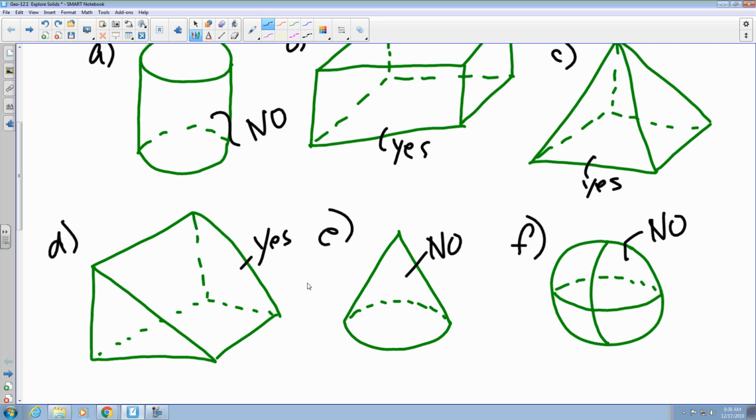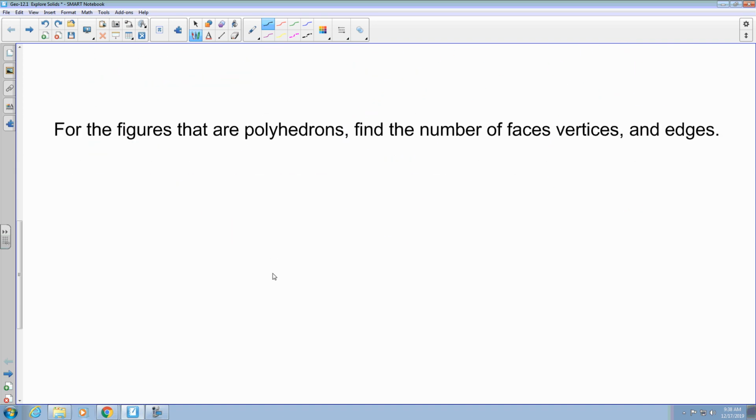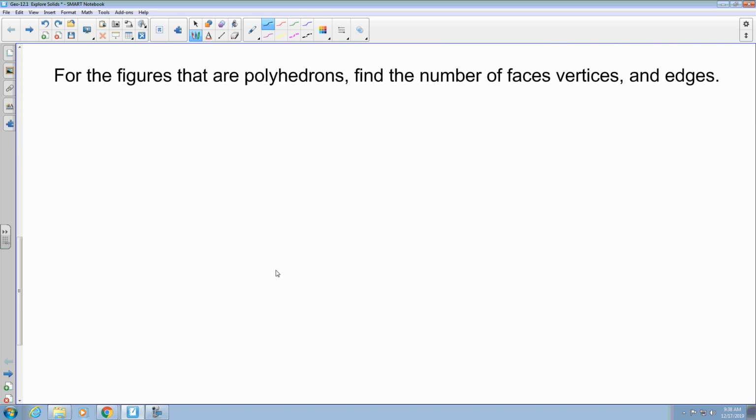rectangles. Okay, so what we're going to look at here is, for the ones that are polyhedrons, so examples B, C, and D, we want to find the number of faces, vertices, and edges. So let's go B, C, and D. So faces.